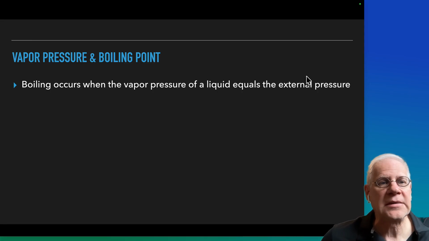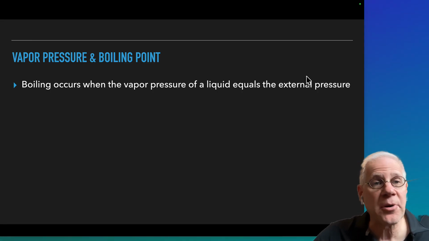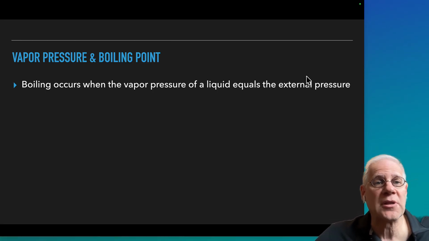So if we compare the ideas of vapor pressure and boiling point, it doesn't seem like they should be linked, but in fact they are very strongly linked. If we think of a boiling point temperature, we think that's where we have put enough energy into a liquid to break those bonds and turn it into a gas phase.